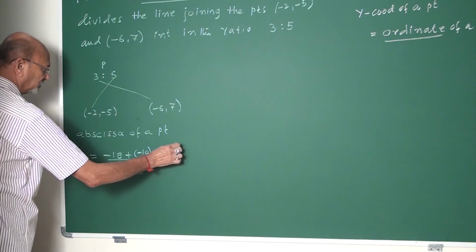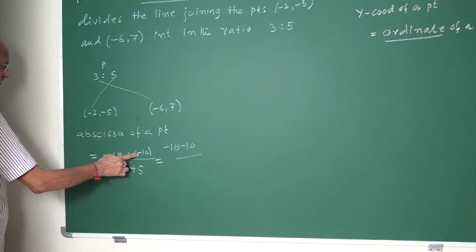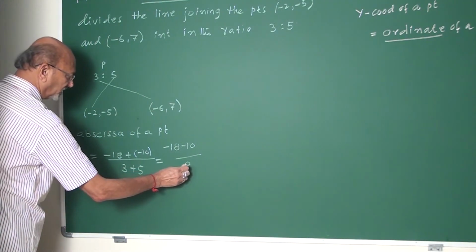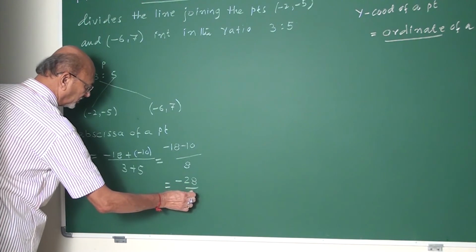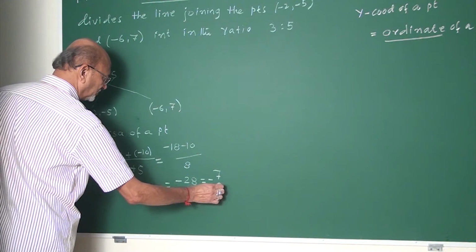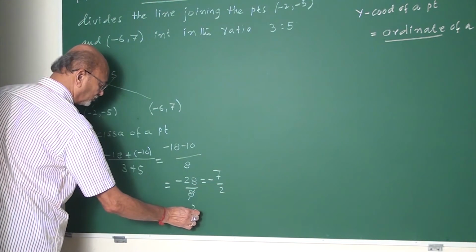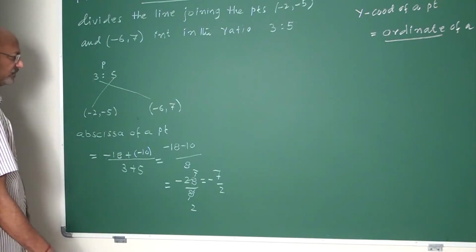Simplify: -18 -10 upon 8, which is -28 upon 8, which is -7/2.